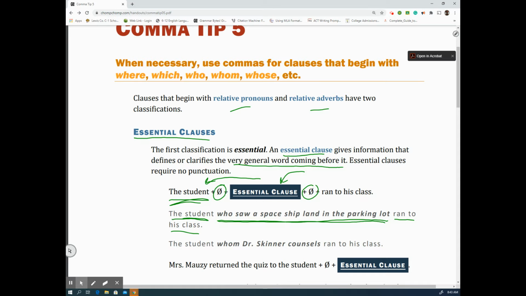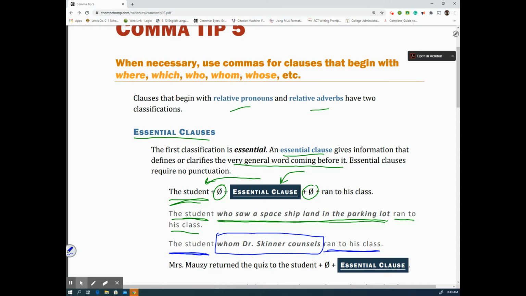Okay, so on the next one, again, I've got the student. It's still not clear who I'm talking about here in this sentence, because again, it's the student. There's more than one of these, all right? The student ran to his class. Again, this is my main clause. That's what the sentence says, the student ran to his class. They added this: it's the one whom Dr. Skinner counsels.